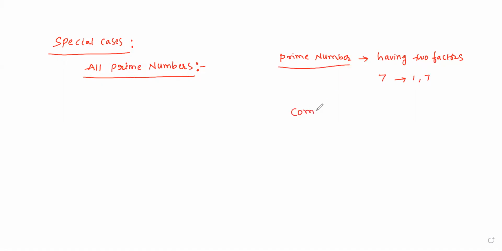And composite numbers also will be there. These numbers are nothing but not prime numbers. They have more than 2 factors. Those numbers are called composite numbers. For example, 8.